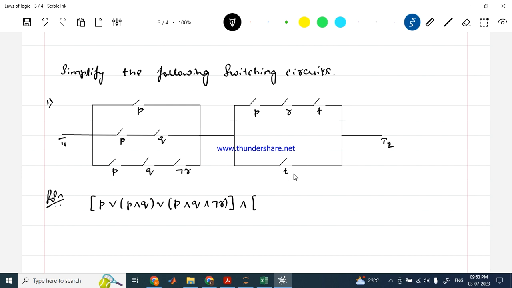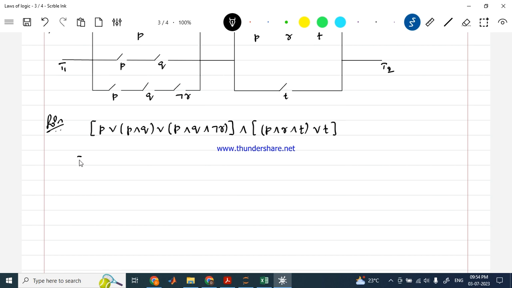This part, so these two are in parallel connection, but these three are in series connection. So it is P conjunction R conjunction T disjunction T. The next part is simplifying this.